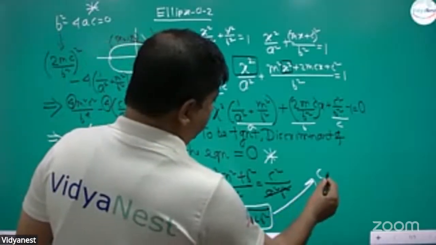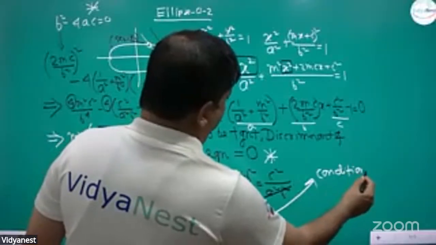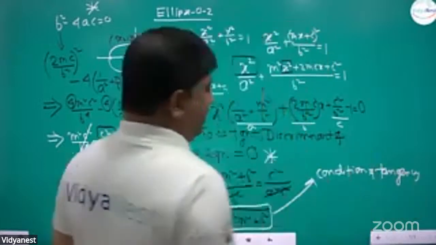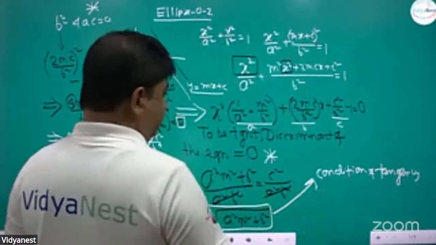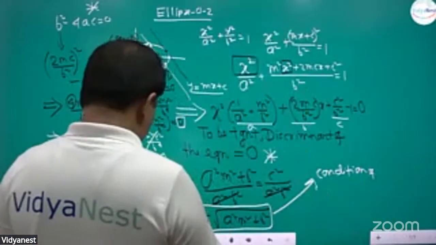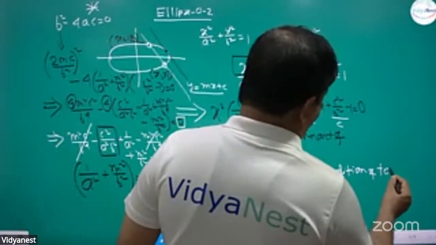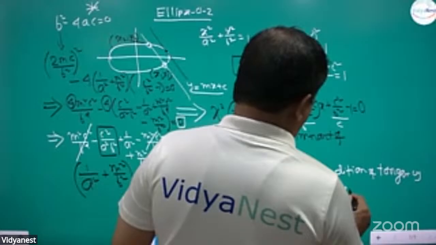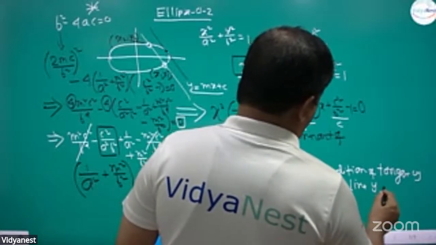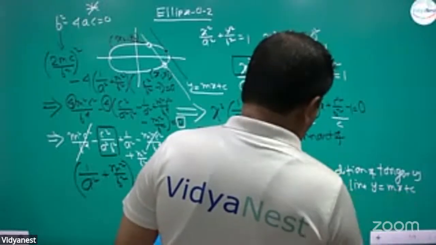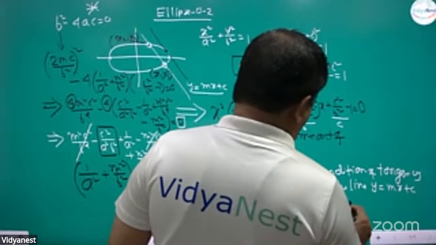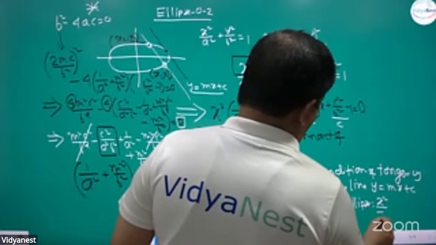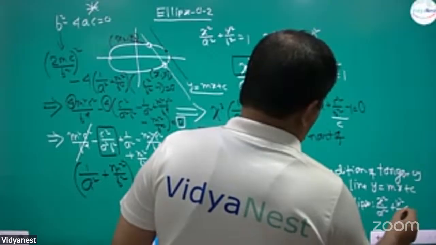This is the condition of tangency of the line to the ellipse x square by a square plus y square by b square is equal to 1.